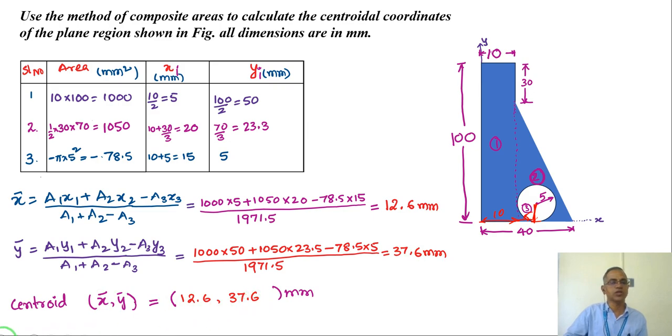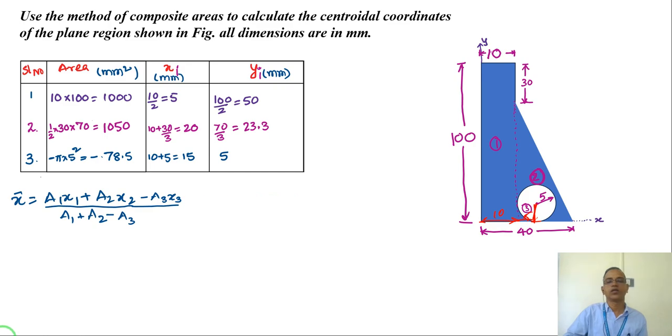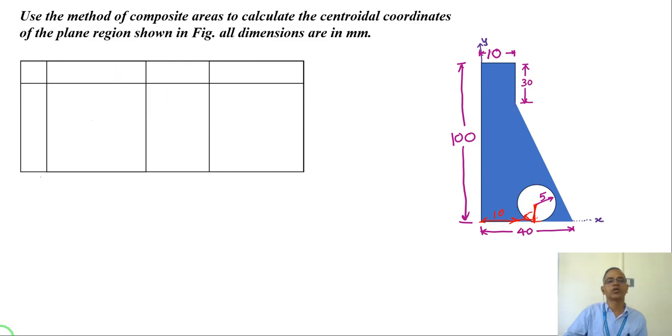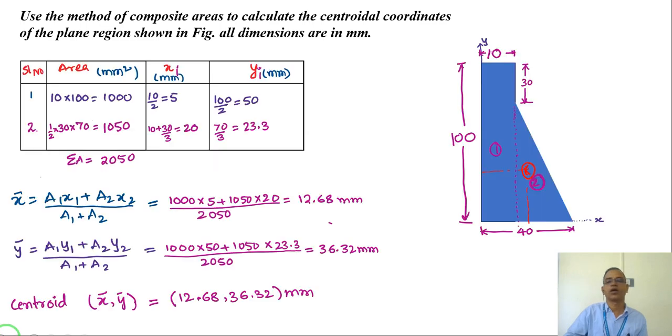If you see the previous question, what was the centroid? It was 12.68 and 36.72. Now it is slightly to the left at 12.6, and shifted up.